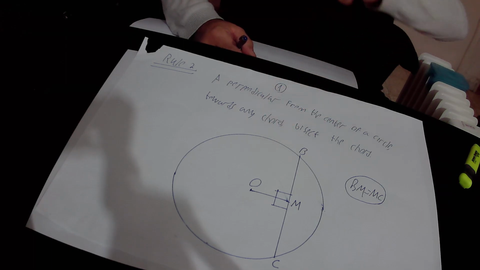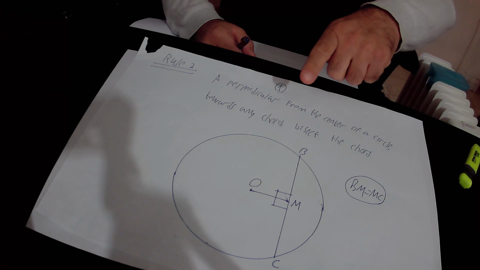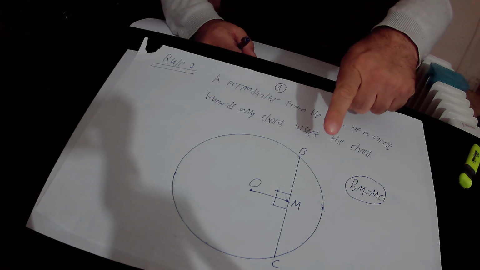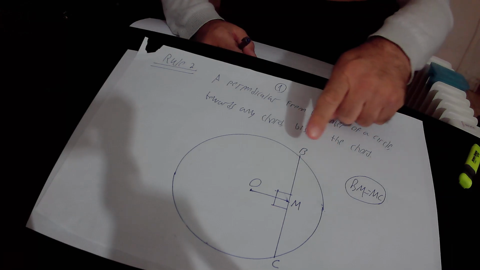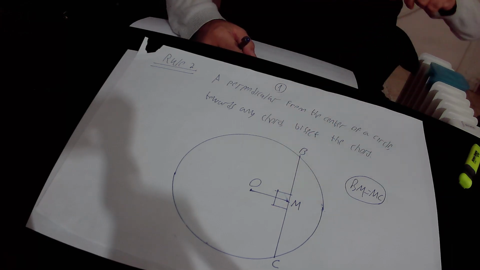Here point O is the center of the circle. From the center of the circle, point O, we will draw a perpendicular on chord BC. So this angle equals 90 degrees, and this angle equals 90 degrees according to our construction.